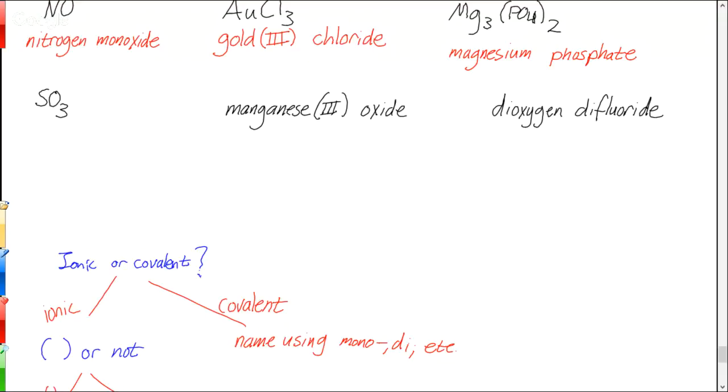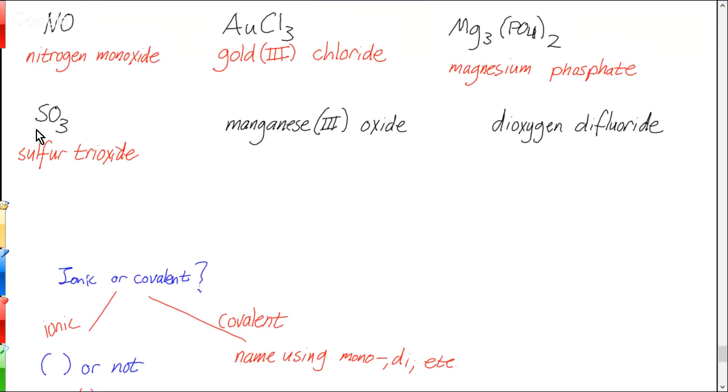All right, so back to SO3. This one's covalent, so we're going to name it covalently using those rules that we just talked about. So what would you call that? Sulfur trioxide, right? Notice how this formula and this formula kind of look similar, but their names are very different.